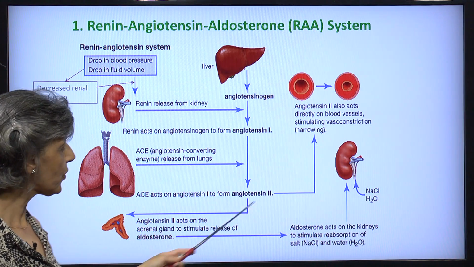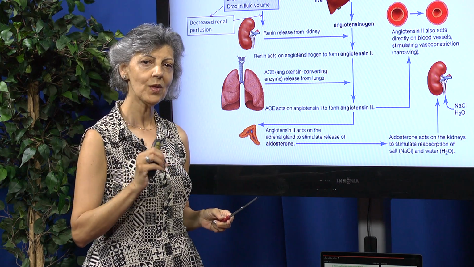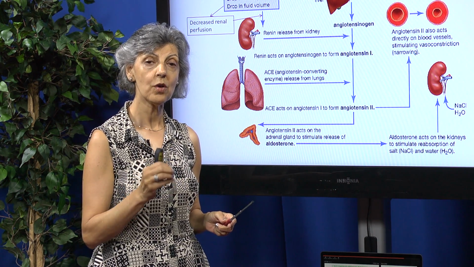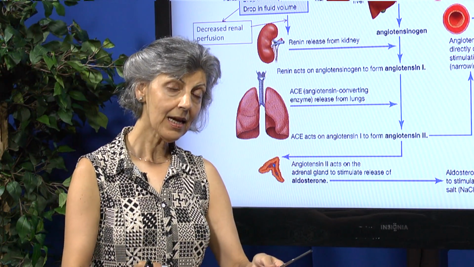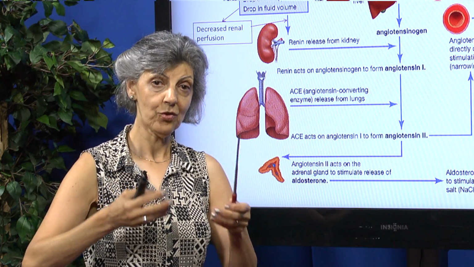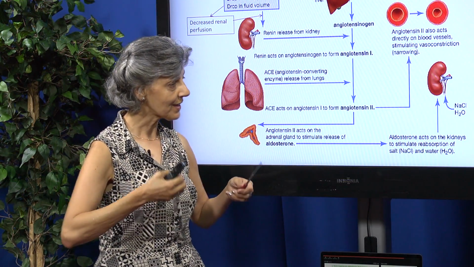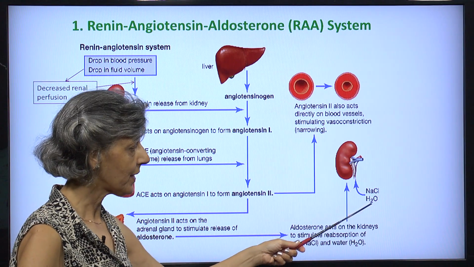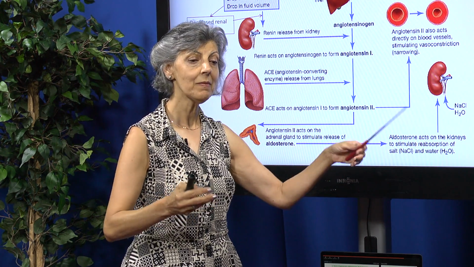Angiotensin 2 also will go to the adrenal gland and stimulate it to produce the hormone aldosterone. We know aldosterone will reabsorb sodium back into the body, reclaiming it from the kidney. Once we reabsorb sodium, we reabsorb water with it. Water always follows sodium.